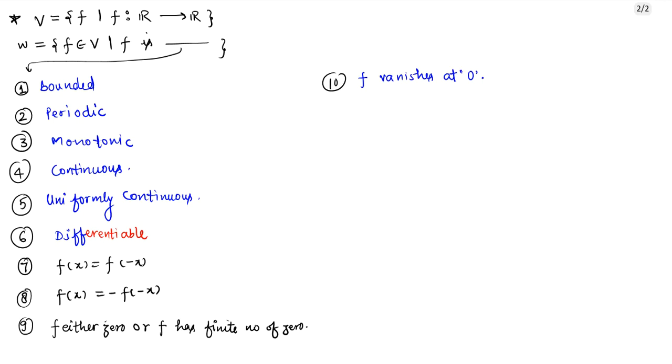If you multiply by zero you get zero. Look at the first condition: if I write f vanishes at a particular alpha, alpha belongs to R, non-zero, then the condition fails, zero is not there. If we write f vanishes at some non-zero alpha, the identity is not present in that, so the first condition fails.